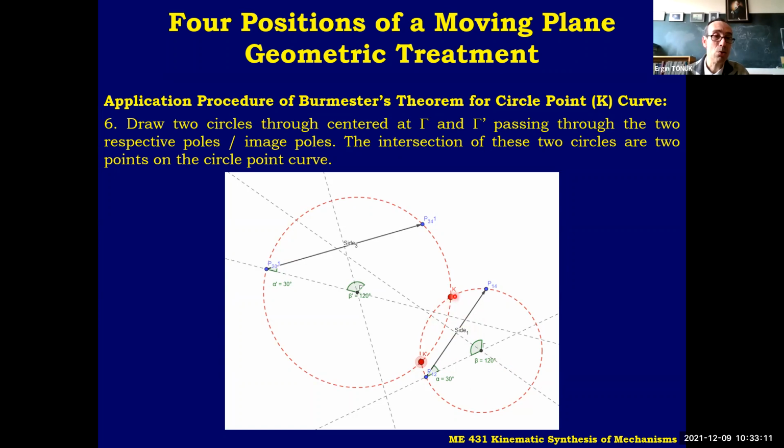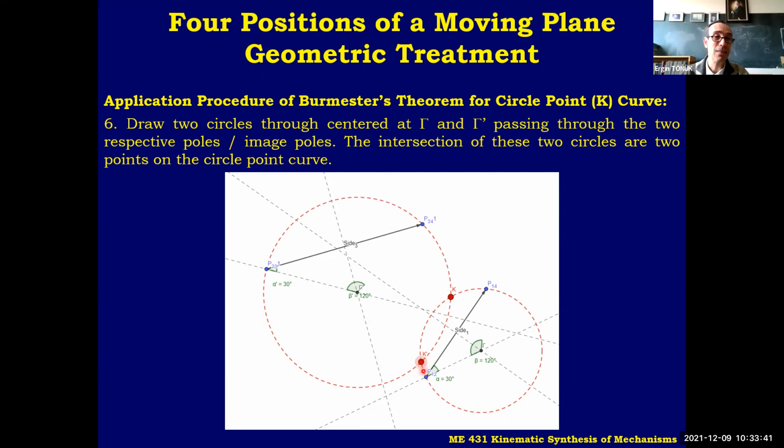And these 2 points, K and K prime, are 2 points on the circle point curve. That is, these 2 points are 2 candidates for A1 and B1, if you like. Of course, whether they're suitable in terms of other design parameters is a big question mark, okay?